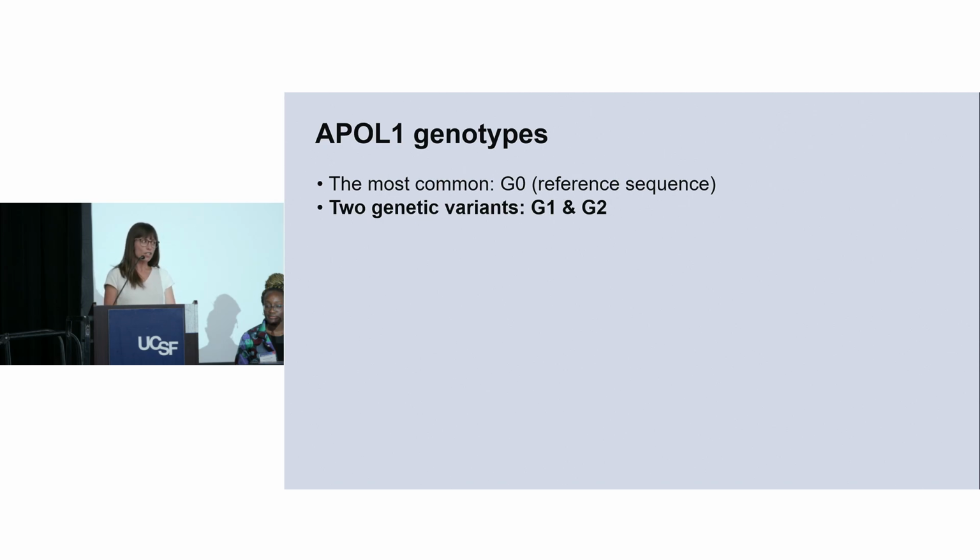And 10-ish years ago, it was discovered that there is not just this one sequence, the G0 sequence, how I'm going to refer to it, this reference sequence of this gene, but there are actually 2 genetic variants, G1 and G2, how I'm going to term them. And these variants are clinically relevant.